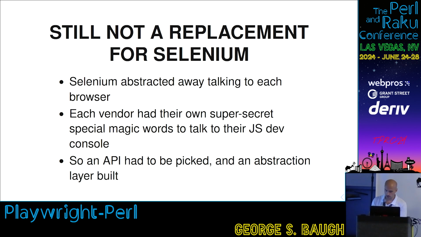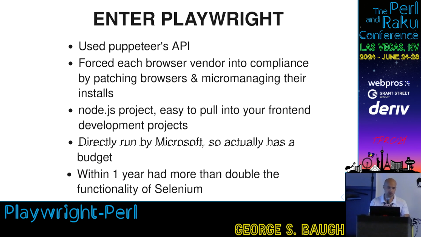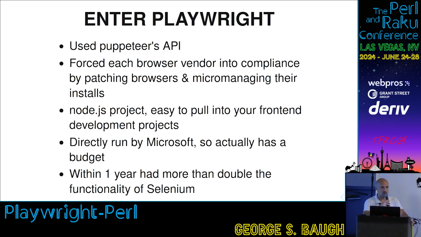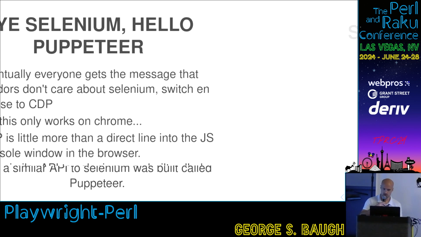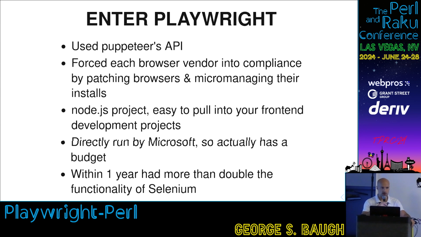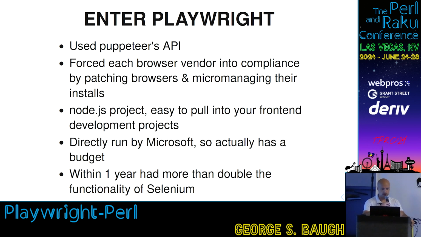And so what ended up happening was this thing called Playwright was done by Microsoft. They just said, well, hey, the CDP wrapper there, it was named Puppeteer. That was a great API, so they just stole it, and they decided to do the same thing Selenium did with regard to multiplexing everything across each browser vendor under a single API.